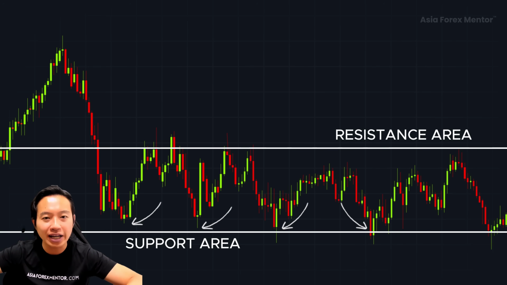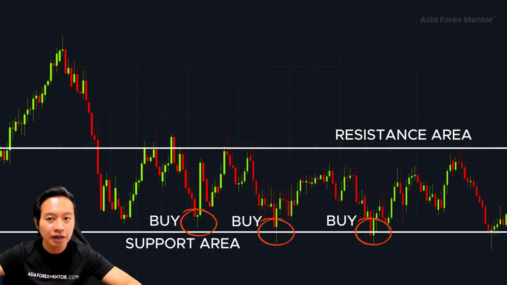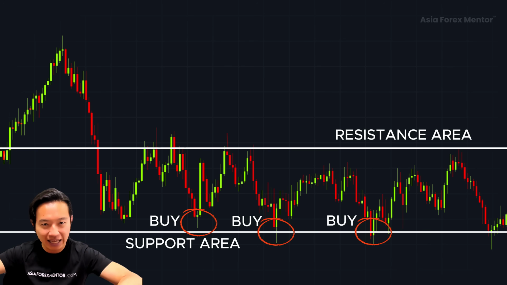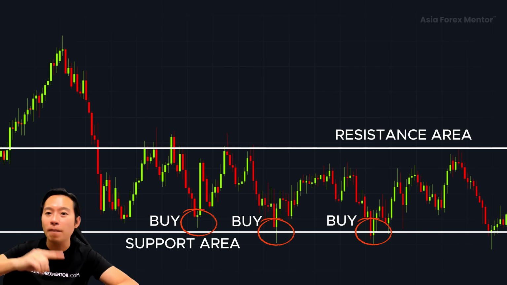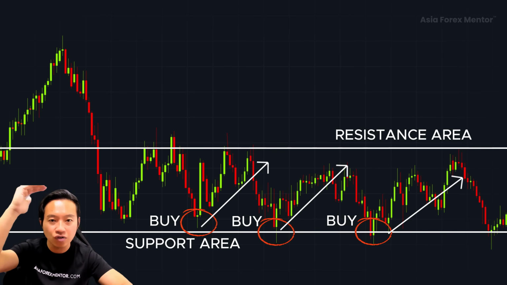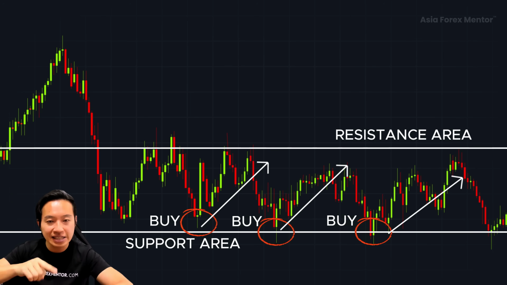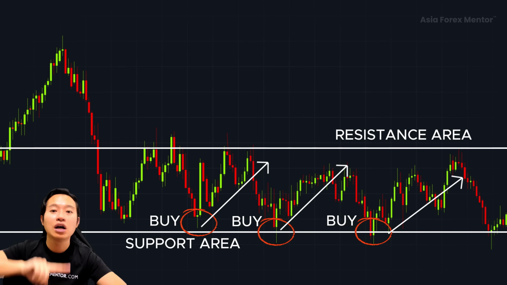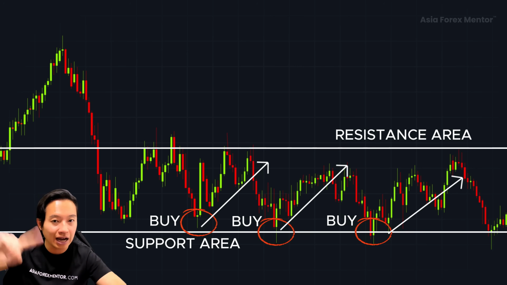So which creates an opportunity for potential buying. So when the price consistently holds above the support level, the market could be gearing for a bounce back towards the resistance level.